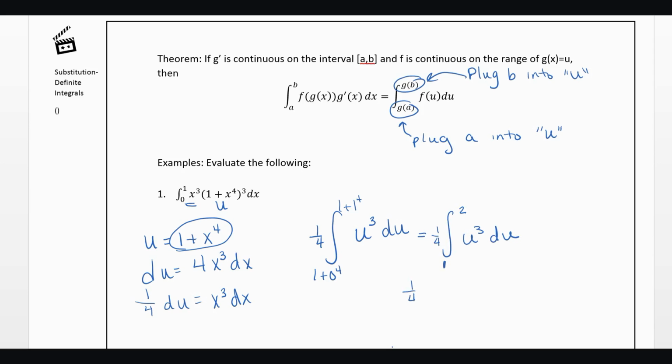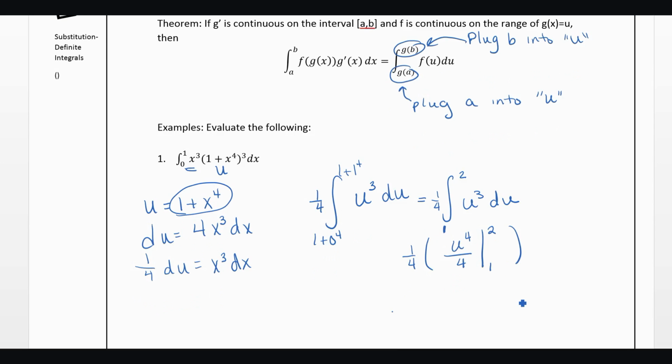So 1/4, and then we'll integrate this: u to the 4th over 4. We evaluate that by plugging in 2 and then subtracting what we get plugging in 1. So we'll have 1/4 times (2 to the 4th over 4 minus 1 to the 4th over 4). Now 2 to the 4th is 16, so over 4 is 4, minus 1/4.